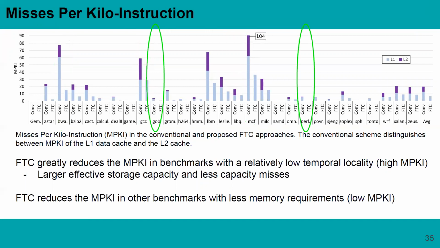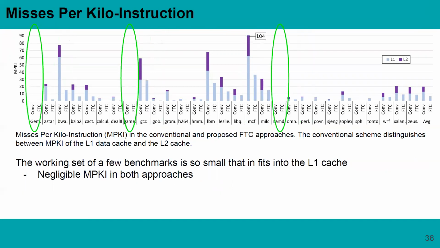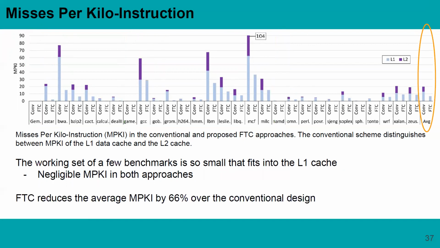In addition, FTC reduces the MPKI in benchmarks with low memory requirements. Notice too that in a few benchmarks, both approaches show negligible MPKI results. This is because the working set of these applications is so small that it fits into the L1 cache. Overall, FTC reduces the average MPKI by 66% with respect to the conventional scheme.